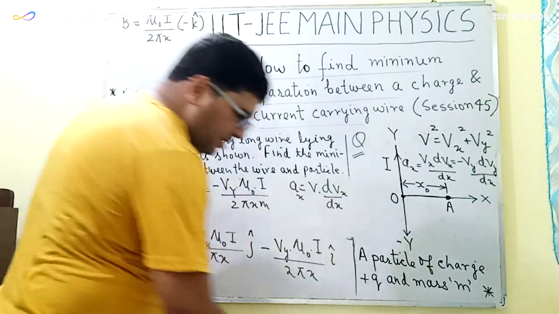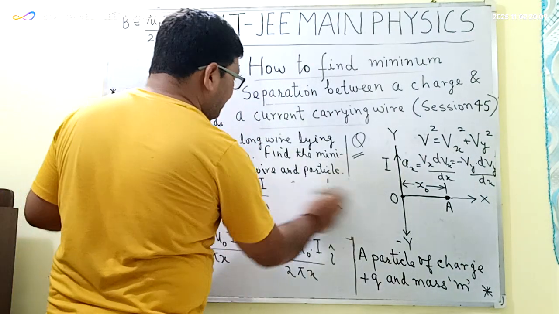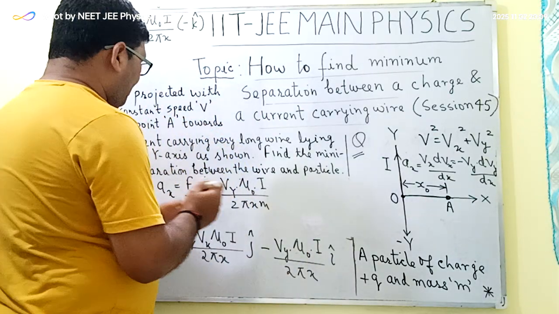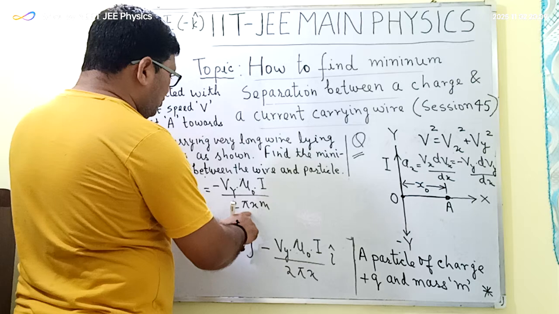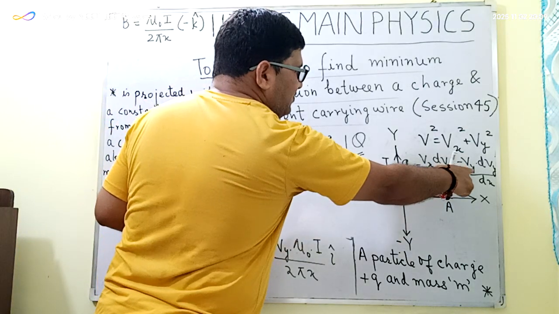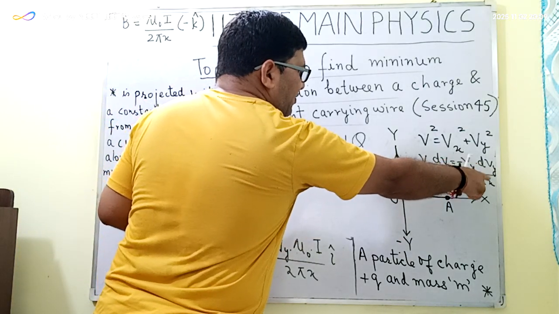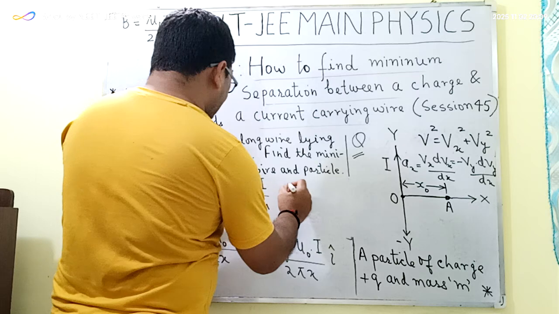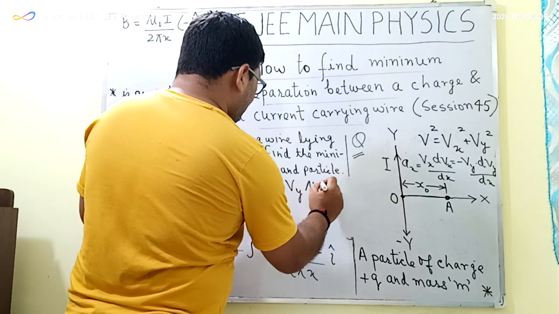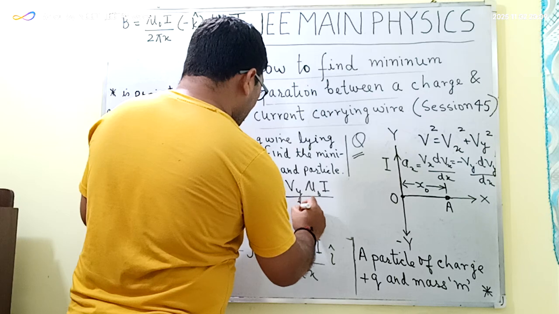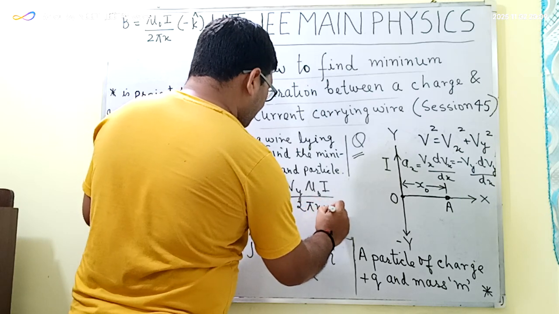So from these two equations I can write Vy mu naught I upon 2 pi x m is equal to minus Vy into dVy upon dx. So minus and minus will get cancelled out. Finally I will be getting Vy mu naught I upon 2 pi x m.